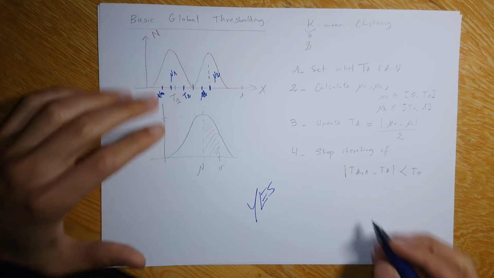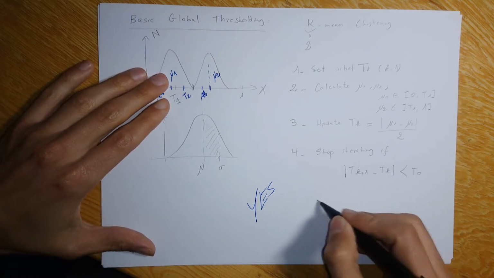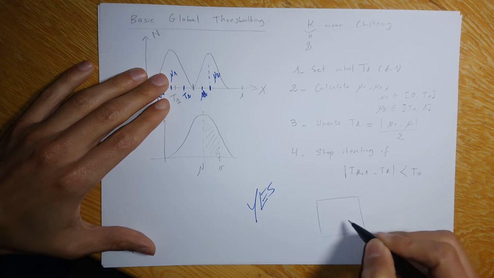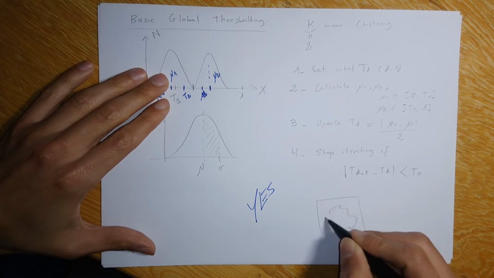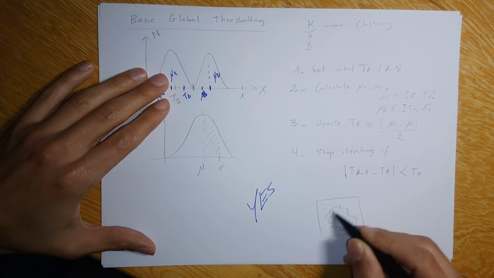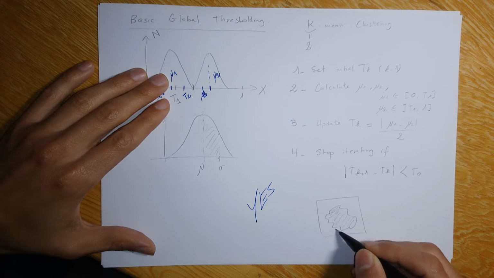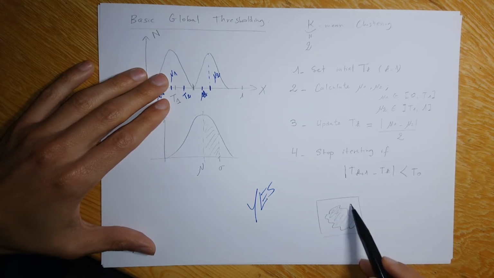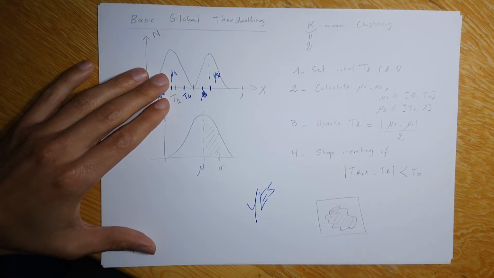Let's say that I have an image like this one, and my object takes a proportion or a percentage of the image that is almost equal to the background, like for example 48%, and the background would be 52%.